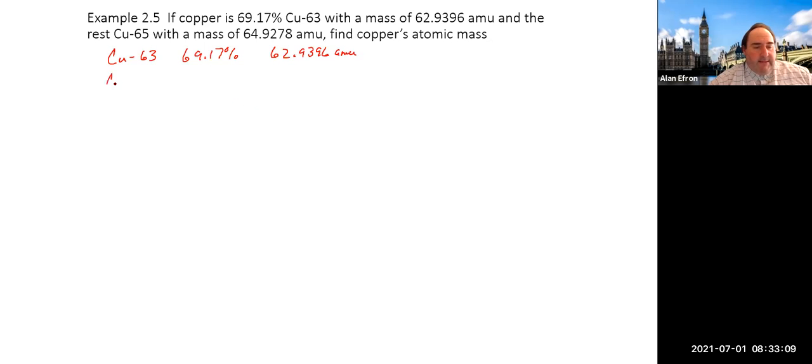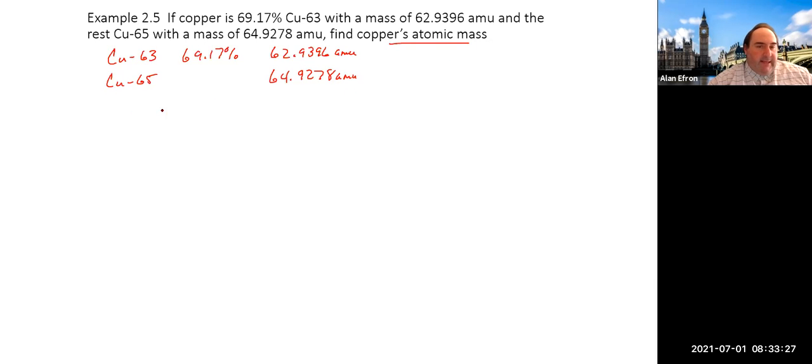The other one we're looking at is copper 65, which has a mass of 64.9278 AMU. And we're looking for the atomic mass of copper here.